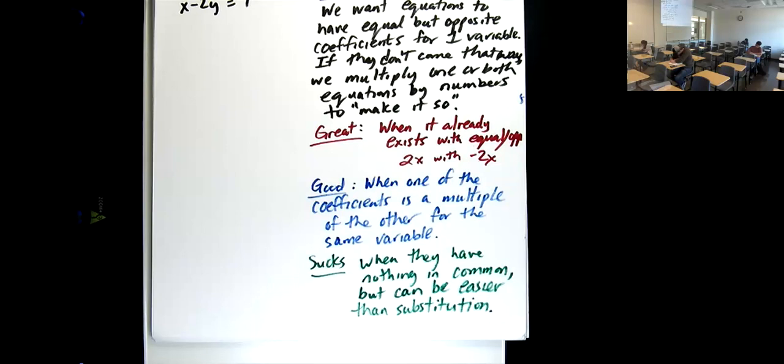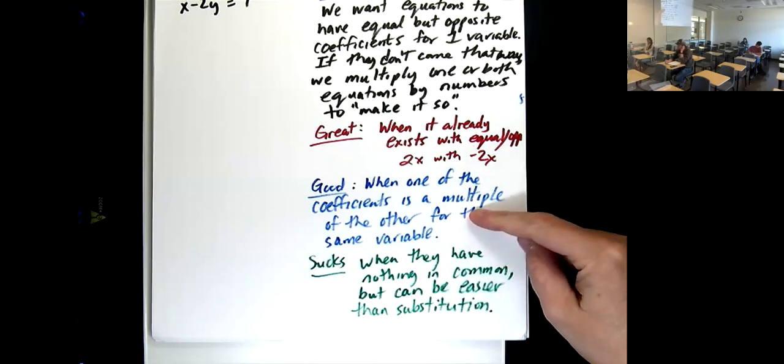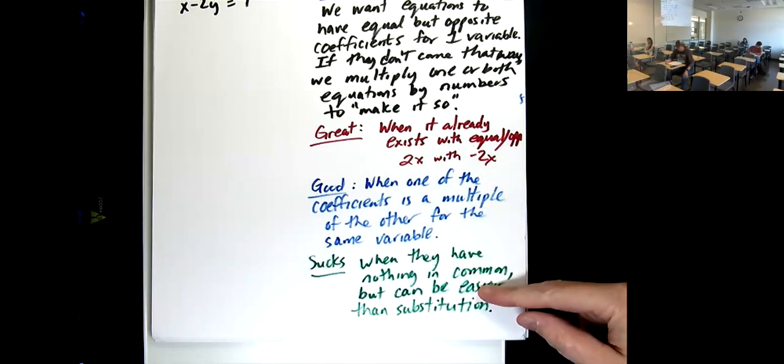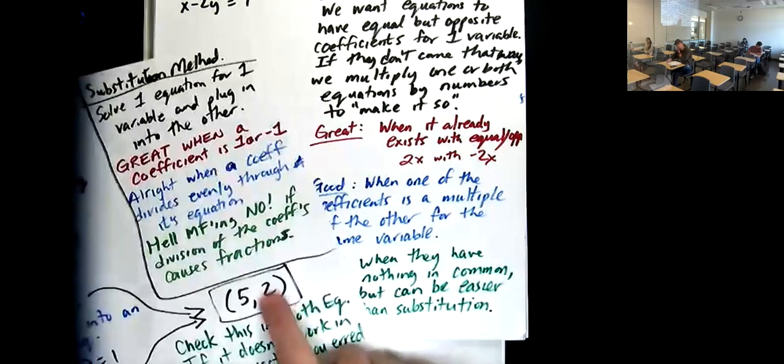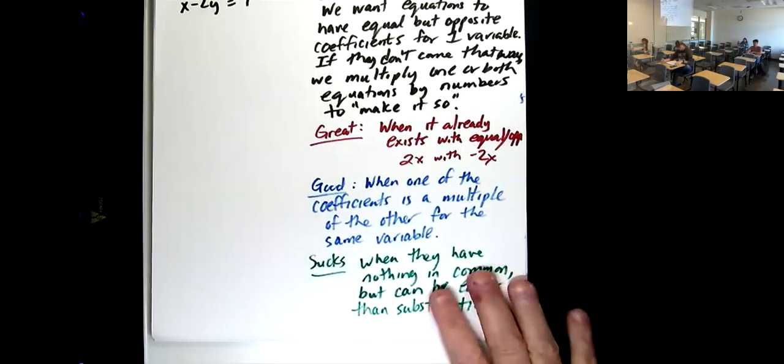Often when this happens, you're stuck with fractions right away in the substitution method, and you got to do a lot of work with fractions. Your solution is going to have fractions. That won't change, but at least with this method, you won't get a fraction until you solve for your first value. So I'm going to do this one as the good method, which is what we have. And then I'm going to do this one as the sucky method, so you see how it works. Because we should get, as we know, 5,2 is our answer. You should get 5,2.